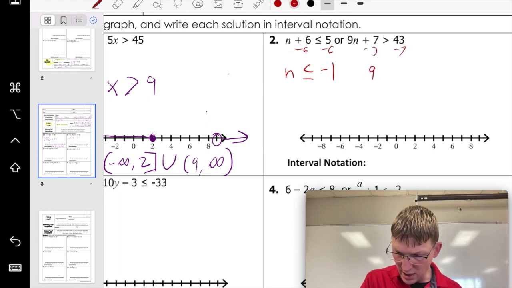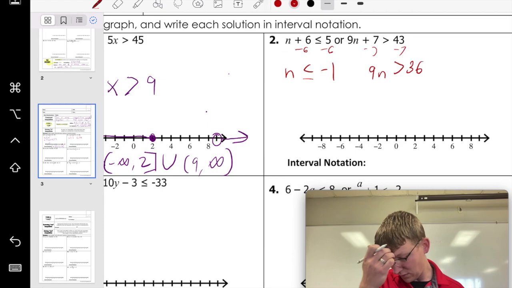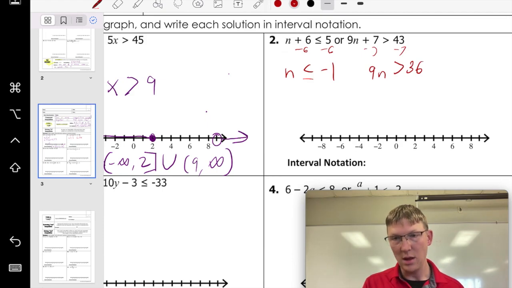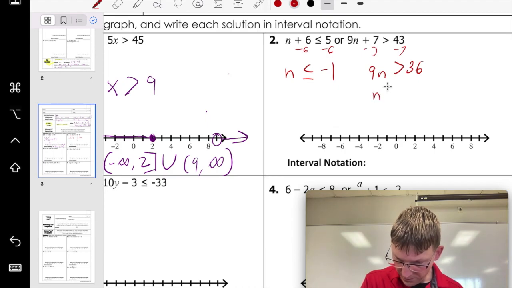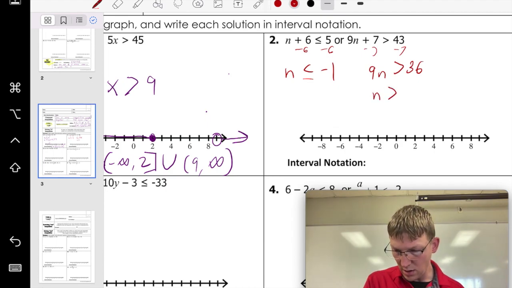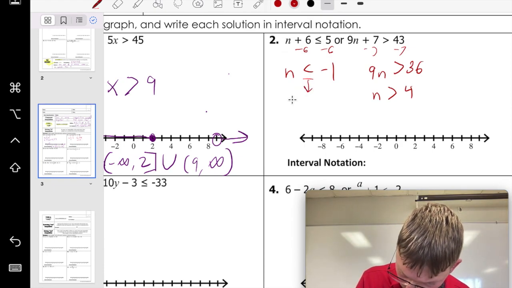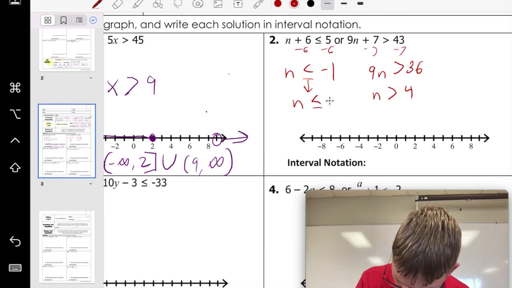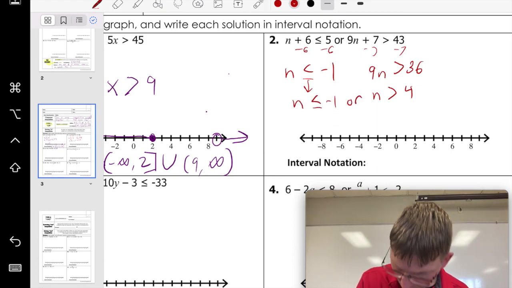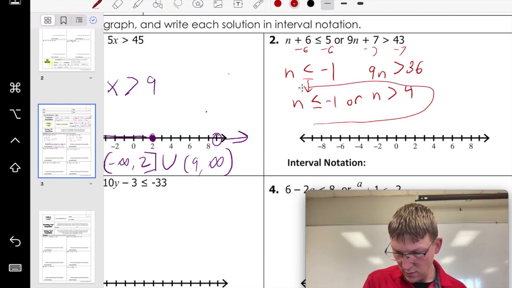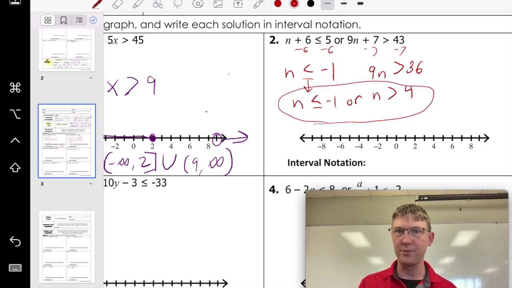Then we got 9n greater than 36. And then divide both sides by 9. n is greater than 4. So then we'll move this guy down just so that it looks pretty. Or, and there's your answer. Still not done yet.